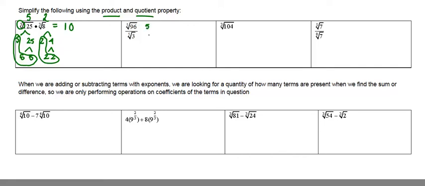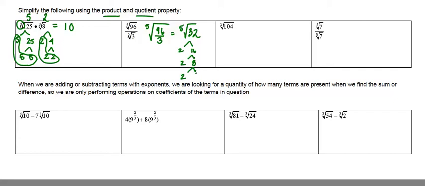If I want to take the fifth root of 96 divided by the fifth root of 3, I can go ahead and rewrite this as the fifth root of 96 over 3. And I'm going to see that this simplifies to the fifth root of 32. Now, I still need to check and see if I can simplify 32, so I'm going to start breaking it up.